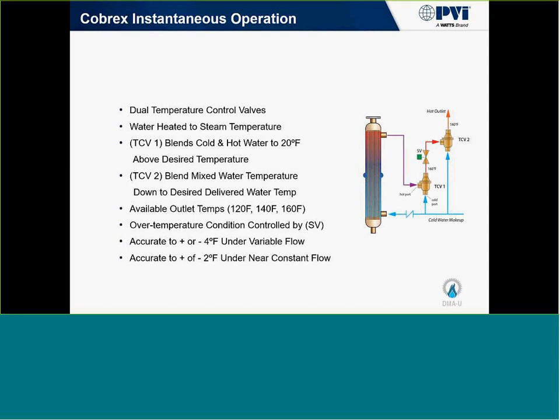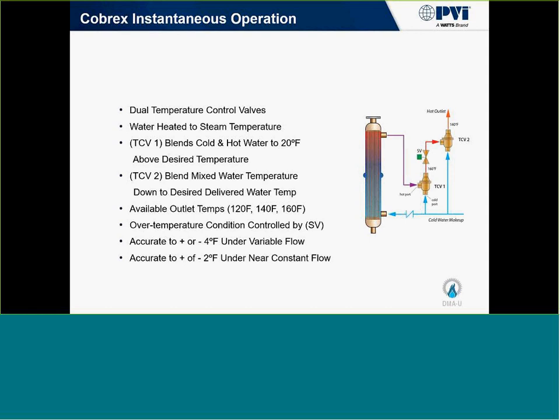What we'll do is we have redundant blending valves, so if you want the outlet temperature set at 140, the first blending valve is going to set it down to 20 degrees within that set point. In this scenario, the first one's going to knock it down to 160, the second to 140.